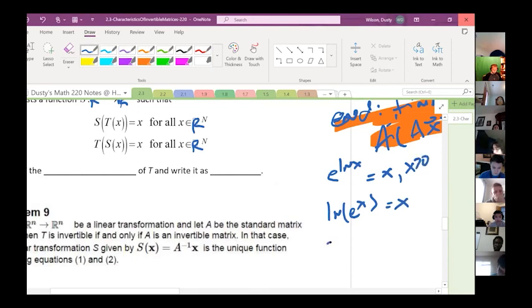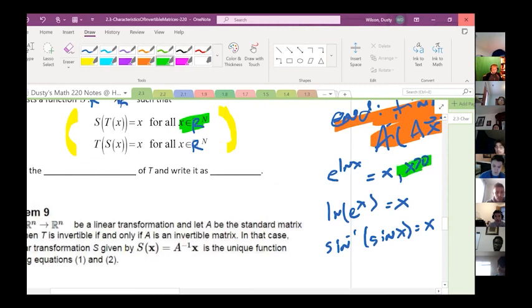Or sine inverse of sine x equals x, things like that. So this statement is just a general case talking about inverse functions. Notice one difference is that in this case, it works for all x's, whereas in some of the cases we've had in the past, you had to worry about restrictions on your x's.